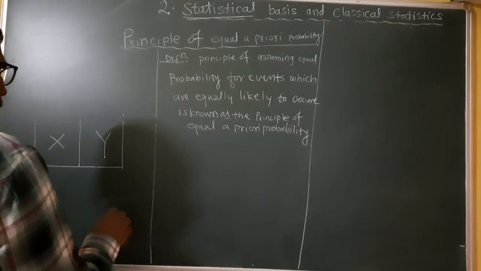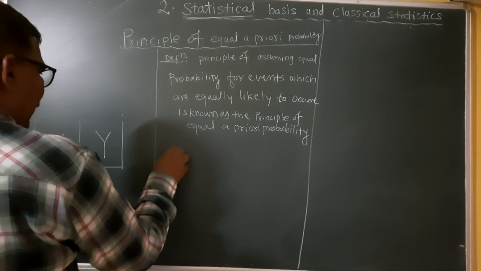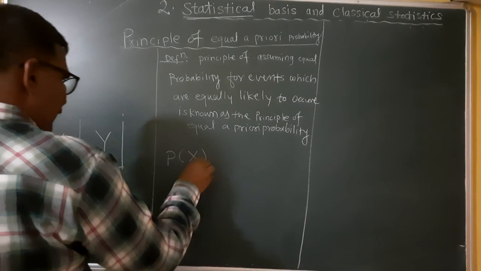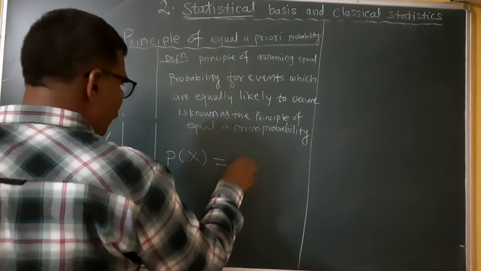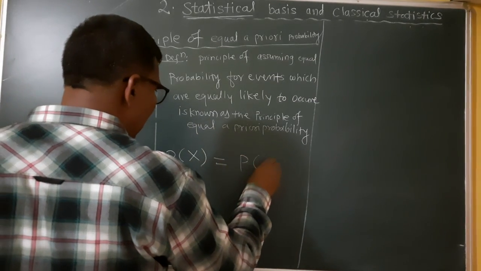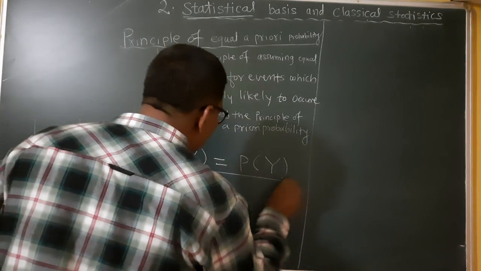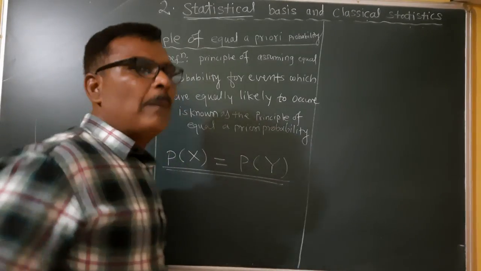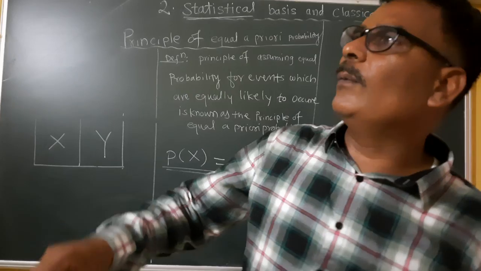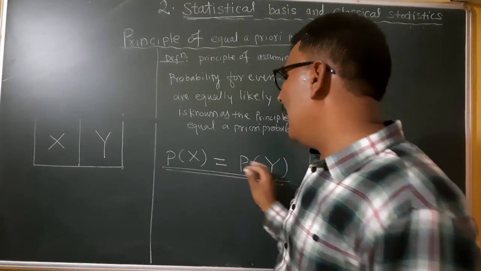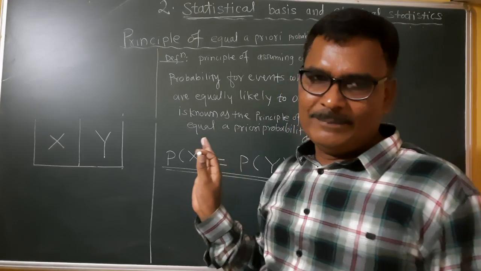Means the probability of a coin falling in X is equal to the probability of a particle falling in Y. The probability that a particle falls in X or falls in Y is equal.